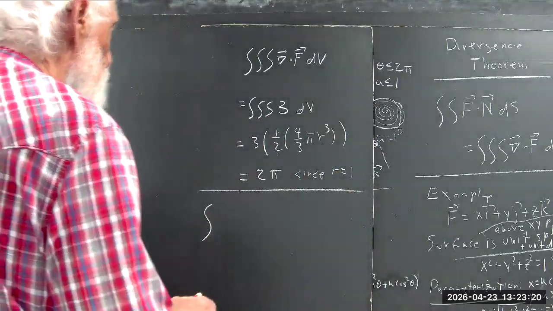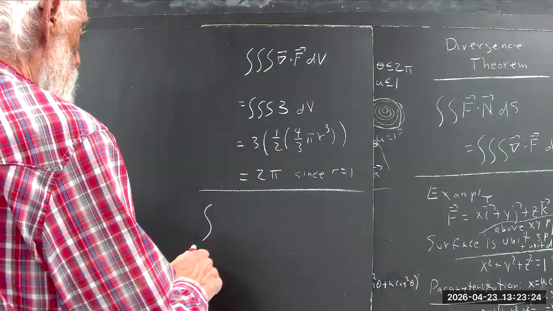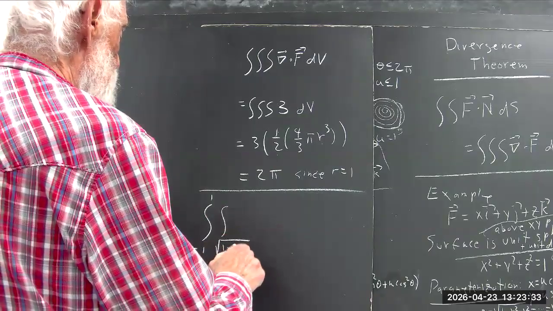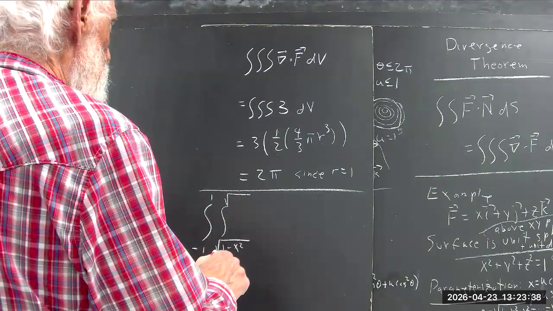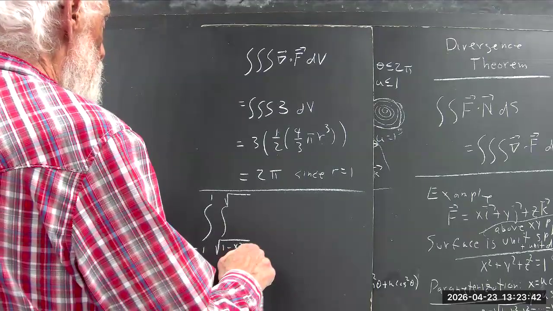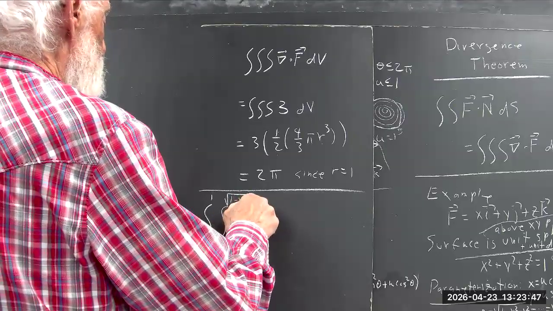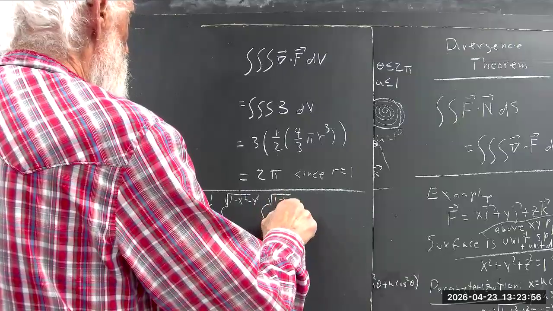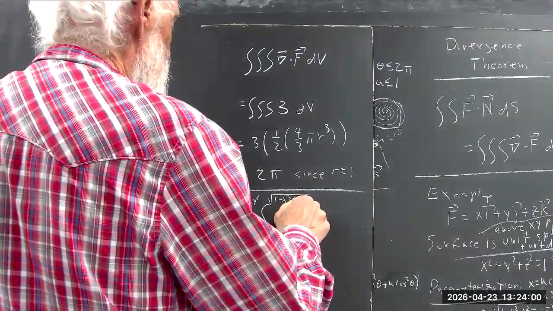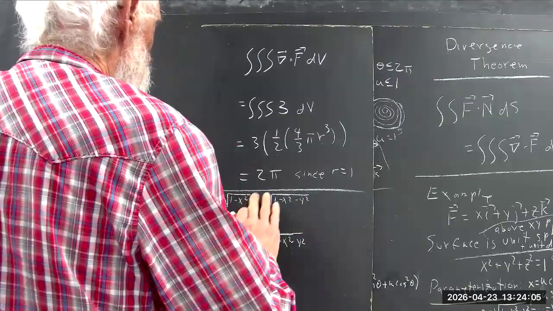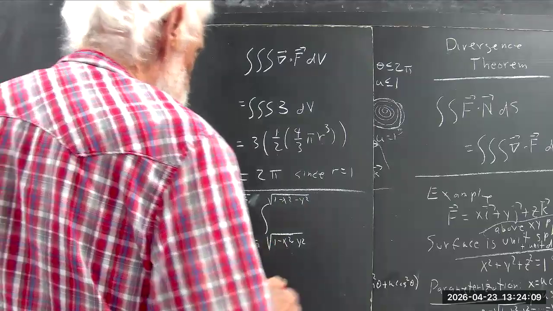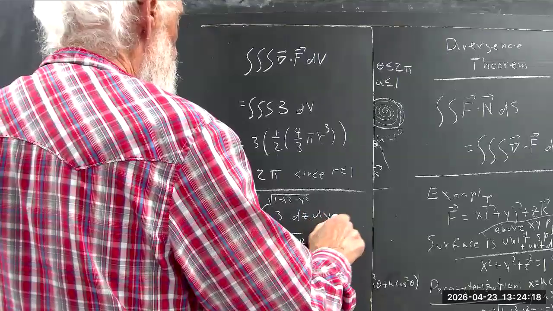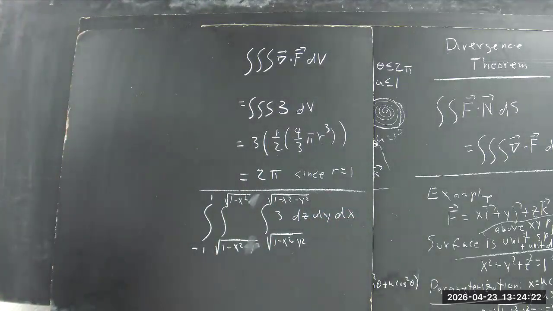If you officially want to do the triple integral, it takes a while to write out these things, but you've got the integral from -1 to 1 of the integral from negative square root of 1 minus x squared to square root of 1 minus x squared of the integral of 3 dz dy dx.